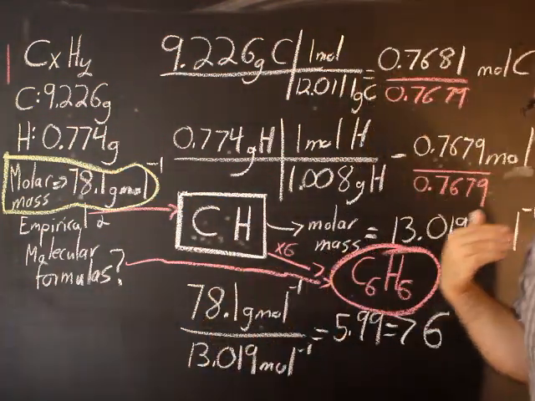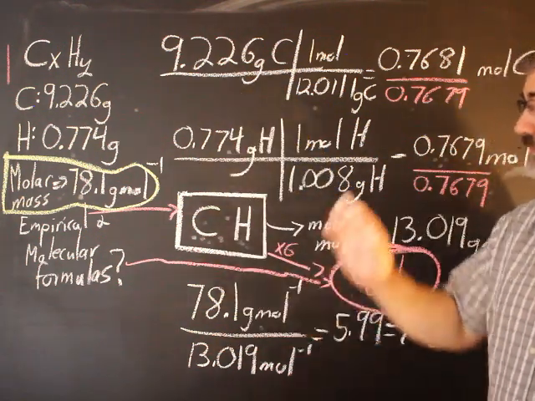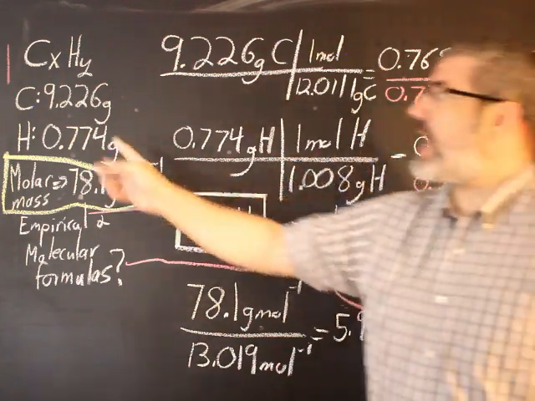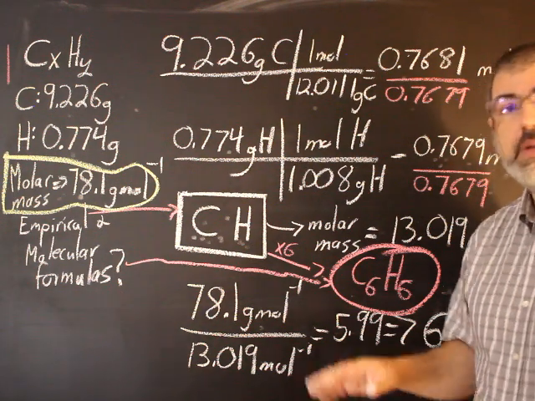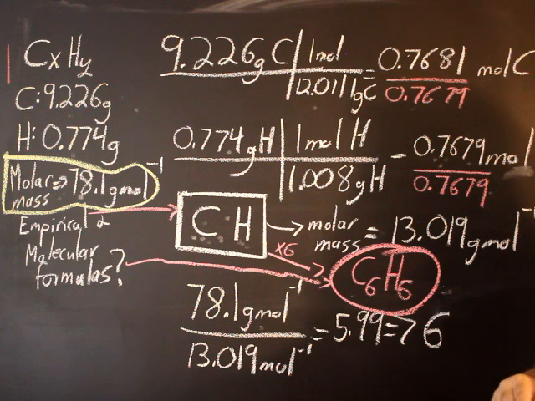That's without a doubt the most common way to get this type of problem wrong, to not even do the calculation between grams and moles, and try to use this ratio. But again, if you go back to the concept of the mole, that ratio is not going to be valid as far as chemical formulas are concerned.